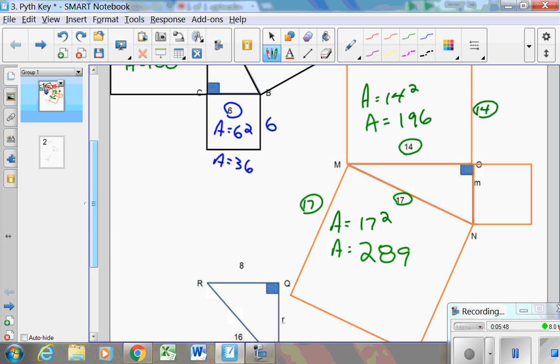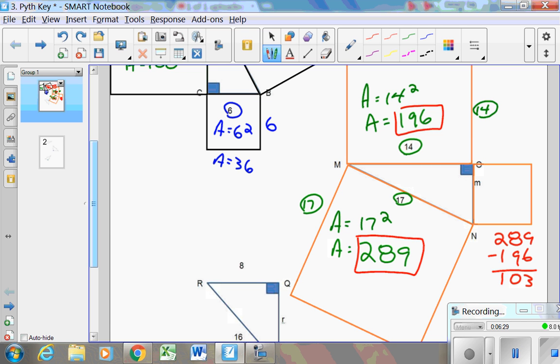Here's where you have to use that mathematical reasoning. We're not going to add these two numbers together this time. We're going to subtract them. The little square is going to be the difference. So it's like when you take 289 squares and you minus 196 squares. I have 93. Hmm, 289 minus 196 is 93 squares.